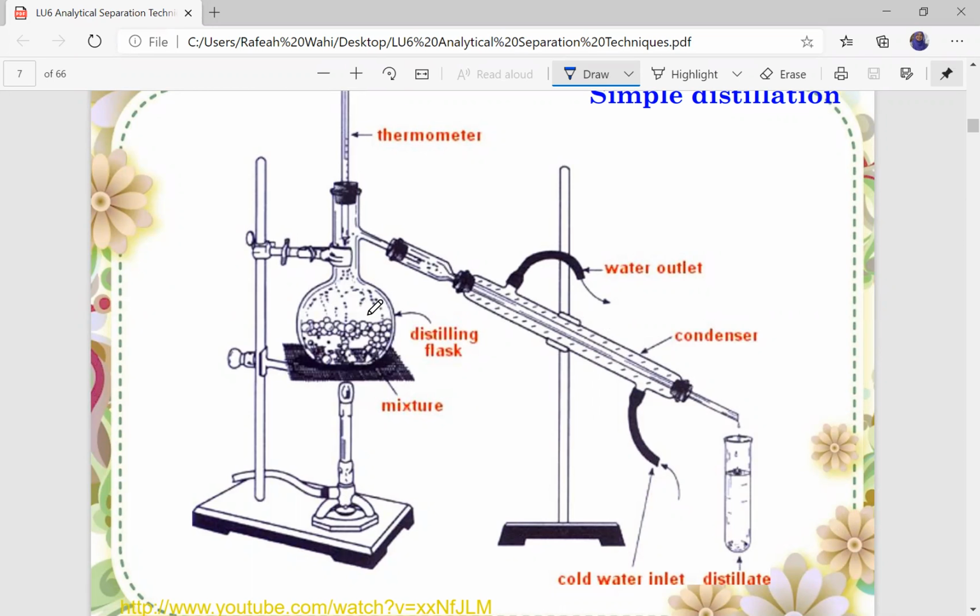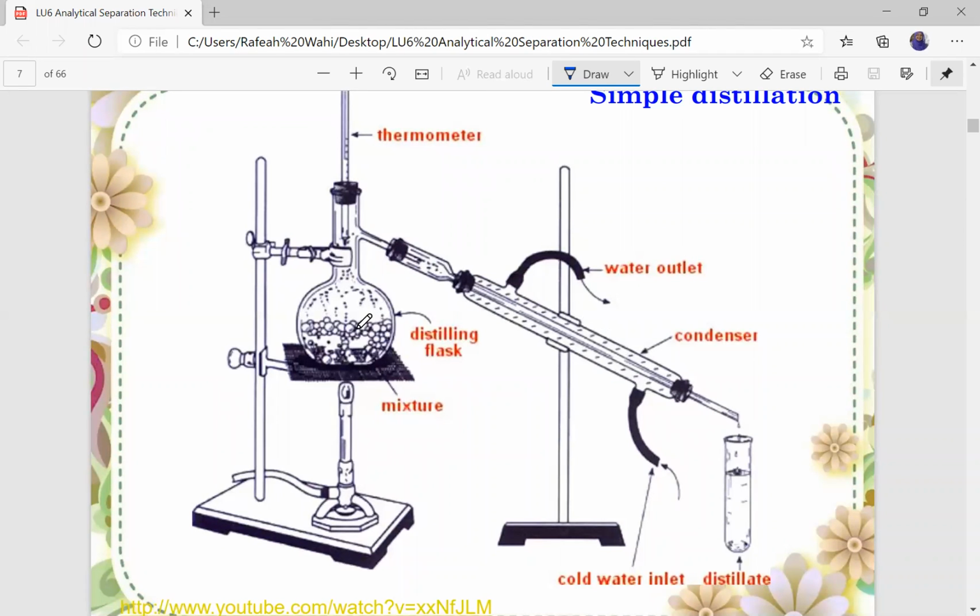So the sample is heated to a point whereby one of the analytes inside can be vaporized, whether the analyte or the interference. One of it which has lower boiling point will be separated from the compound by distillation process.